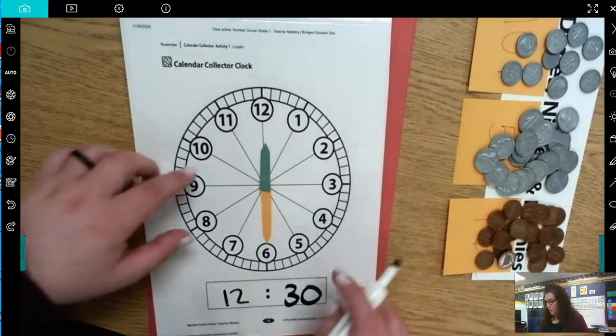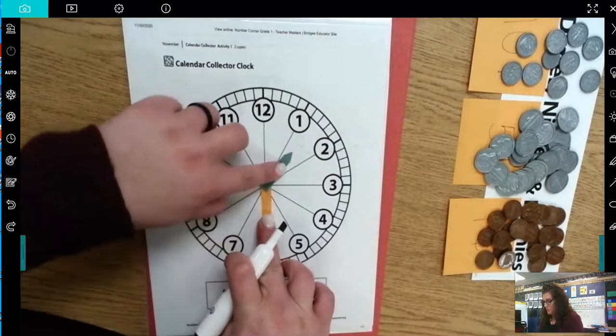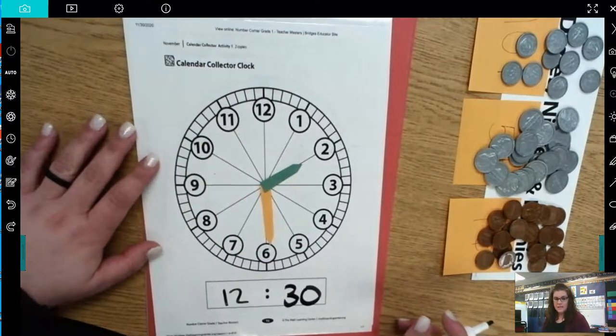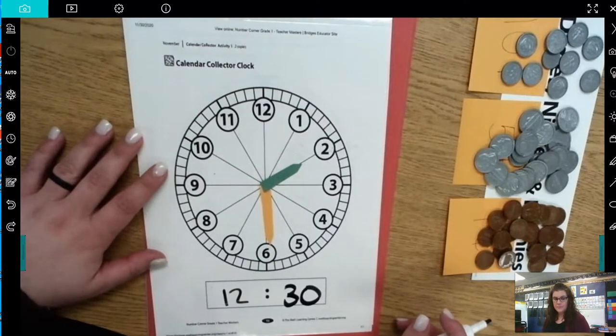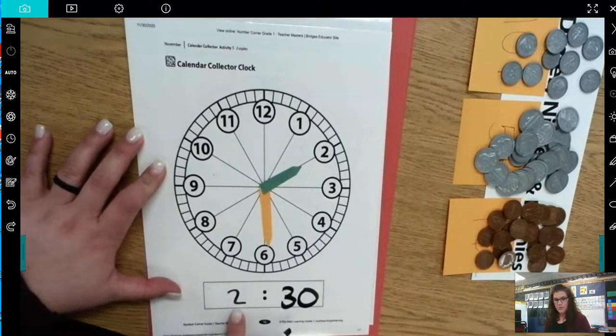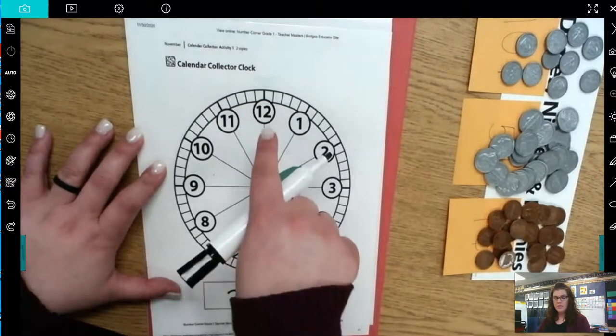Good. What about if the minute hand stays at the 6, but the hour hand moves to the 2? What time is that? Well, now our hour is going to be 2 o'clock, so we're going to have a 2 here. And our minute will still be 30 minutes because our minute hand is still at that 6. But let's count one more time just to double check.